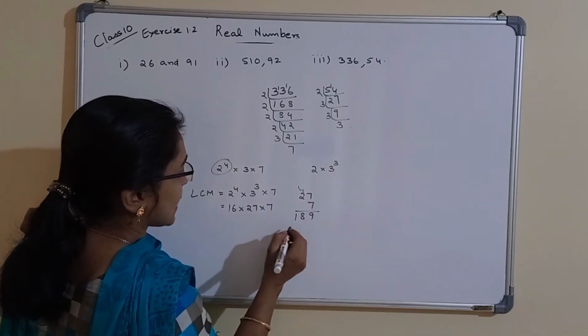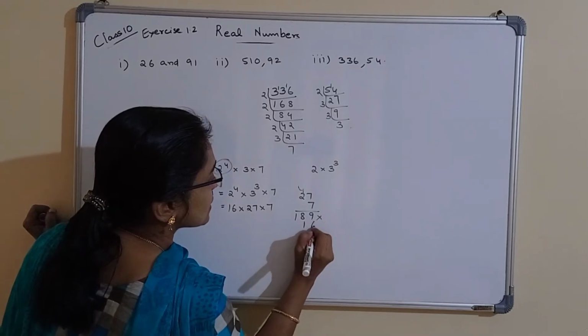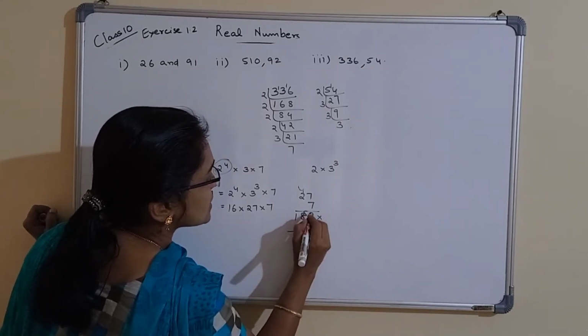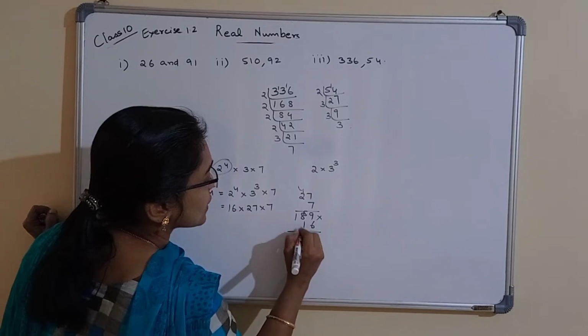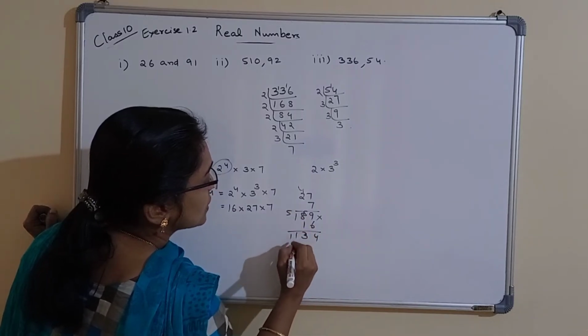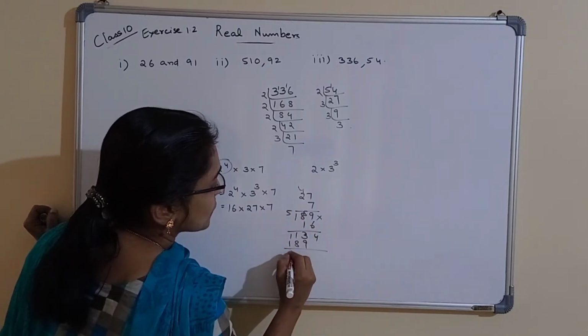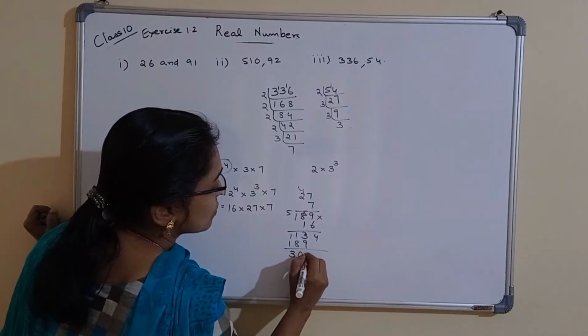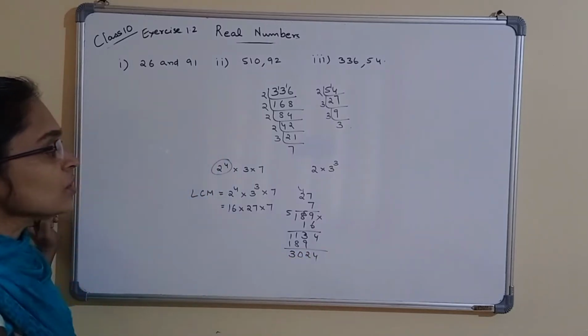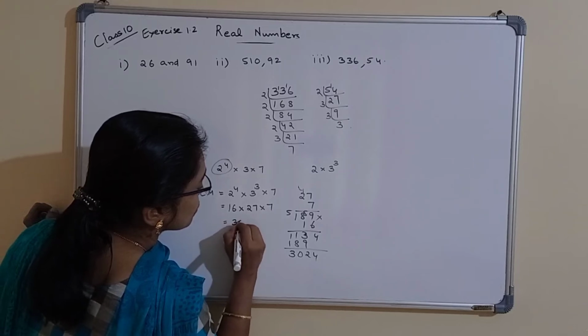So 189 into 16. It is 3024. So LCM is 3024.